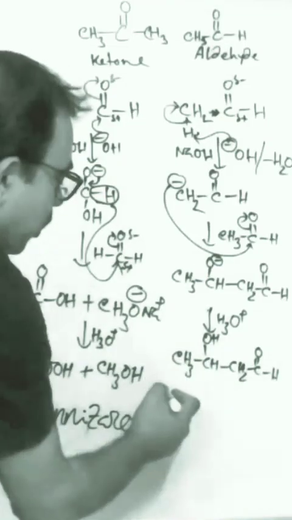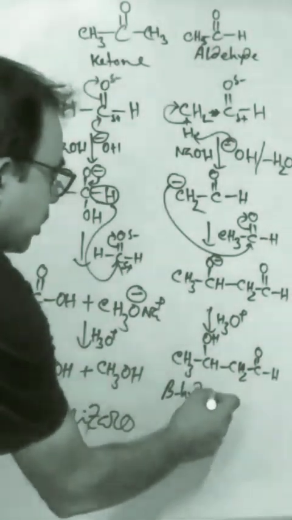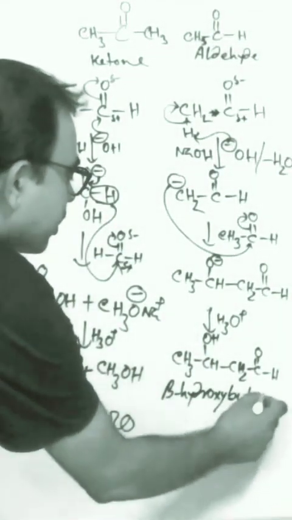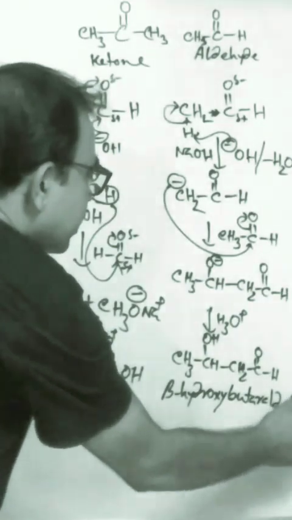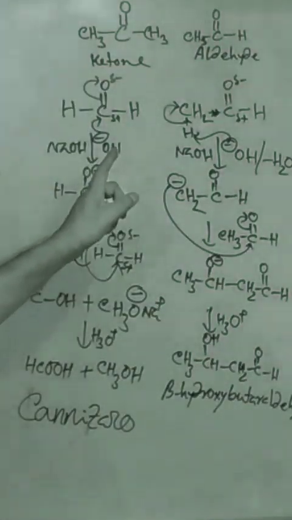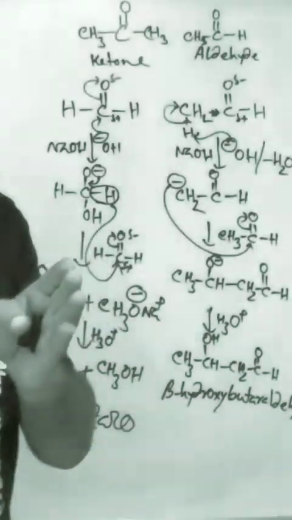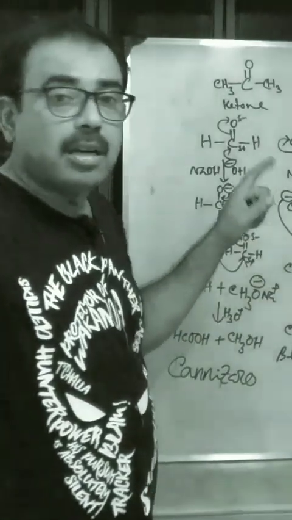The name of this compound is beta hydroxy butyraldehyde. So this reaction is known as aldol condensation. Condensation means two molecules are being condensed. And why aldol?